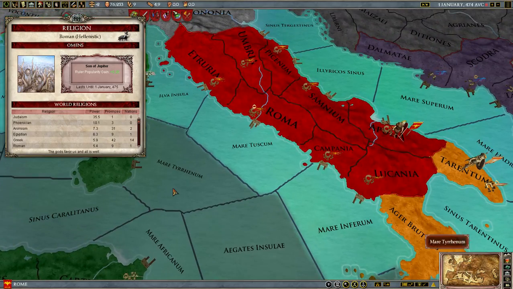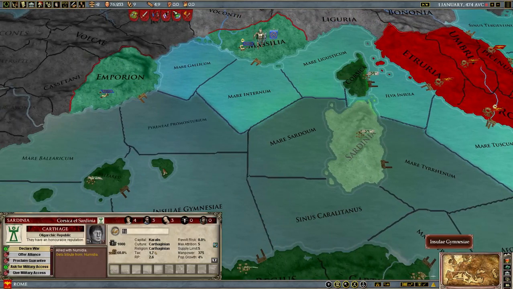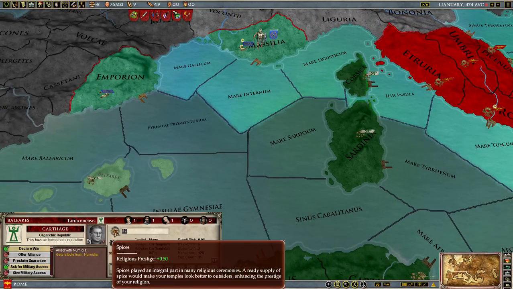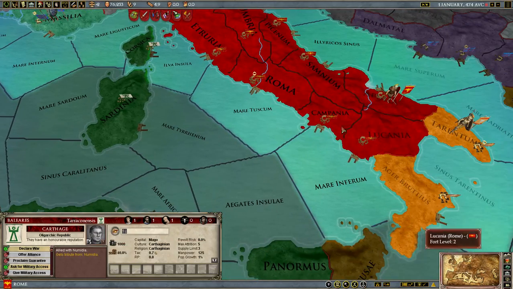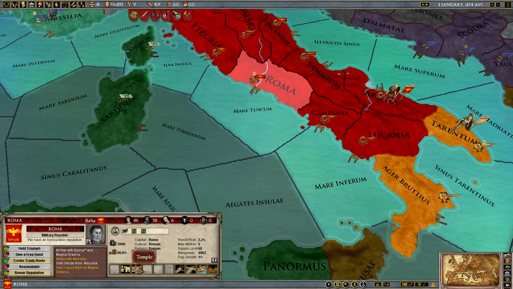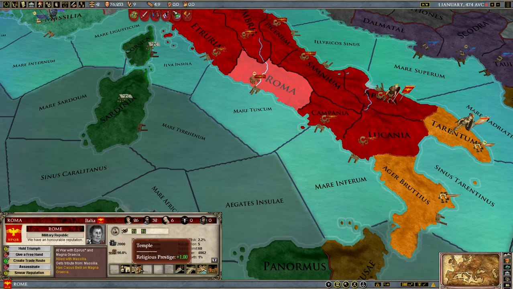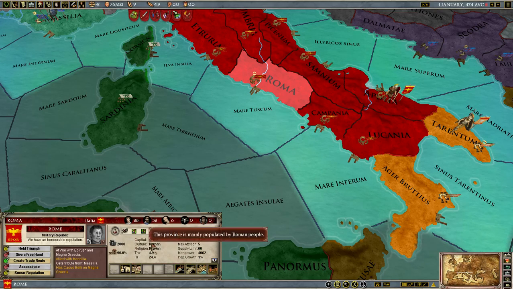In order to increase religious power, there are a couple of ways. One of which is spices. Spices give you religious prestige. Having spices in multiple provinces will improve your power. In addition to doing this, you can build temples, which grant additional religious prestige. The more temples you have, the higher your religious prestige. Keep in mind that the temple grants religious prestige to whatever the religion of the province is.